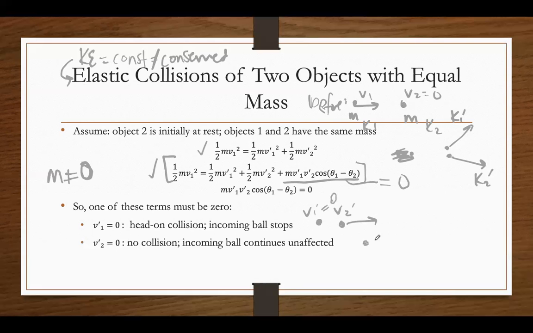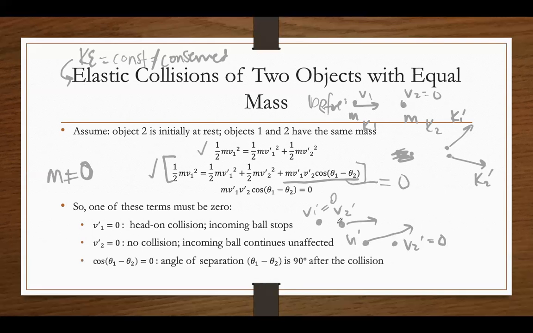This one just completely misses. So there was no collision. So v2 prime equals 0.